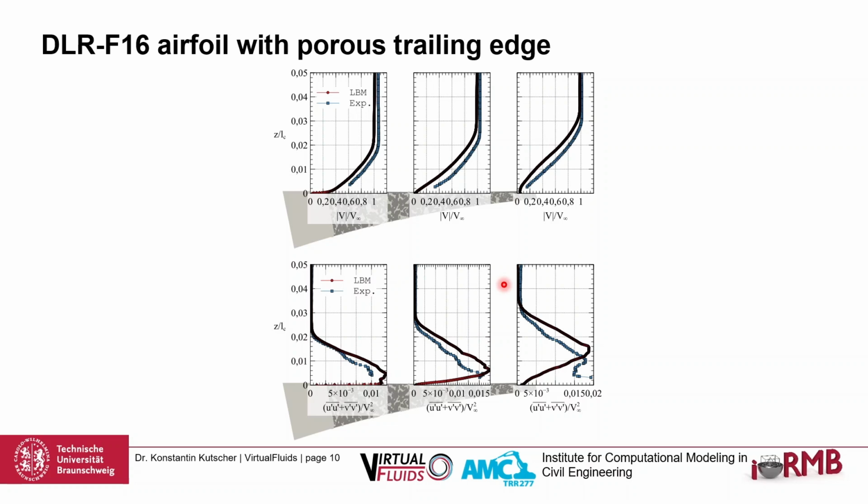On the trailing edge there were some problems, because, as Martin said, it's not clear what the problem is. Is the problem in the measurement or in the simulation? It was not clear in this case.